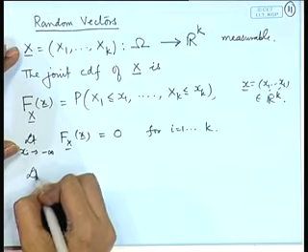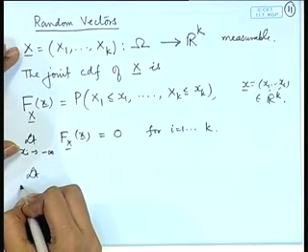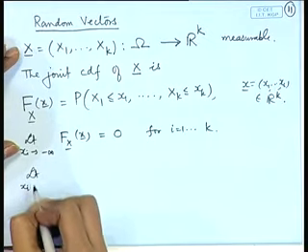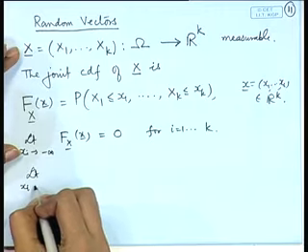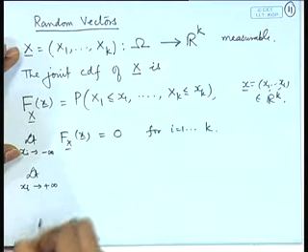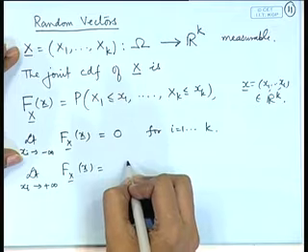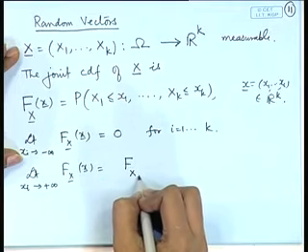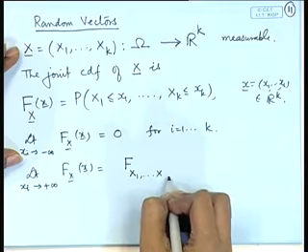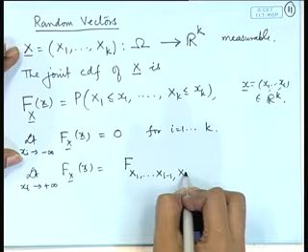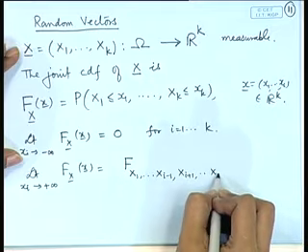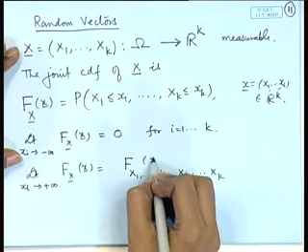If we take the limit as xi tends to plus infinity, then that will yield the CDF of all the variables except the ith one.